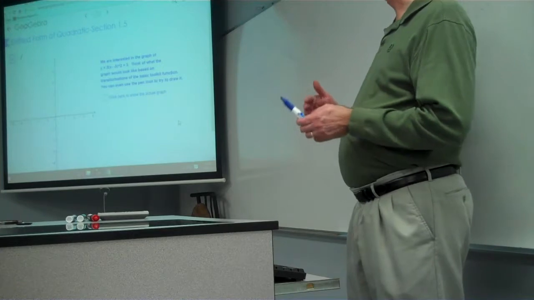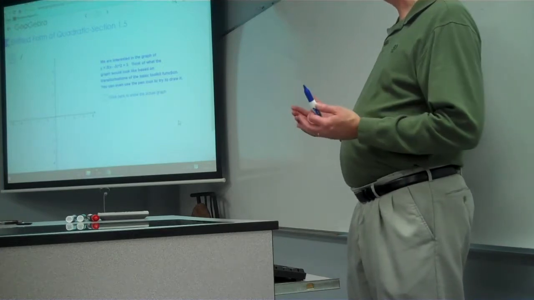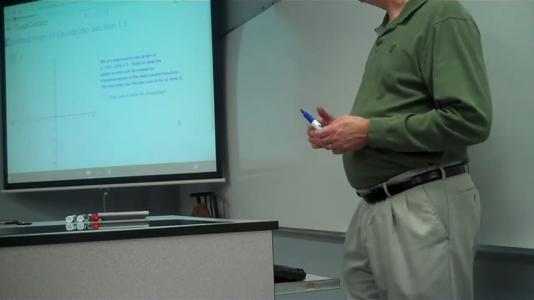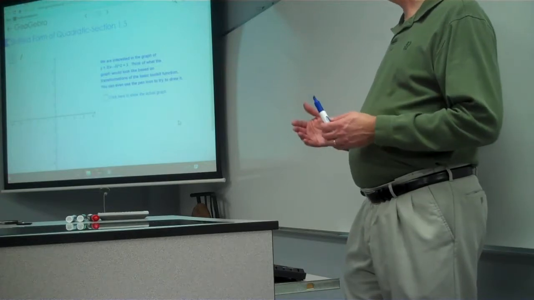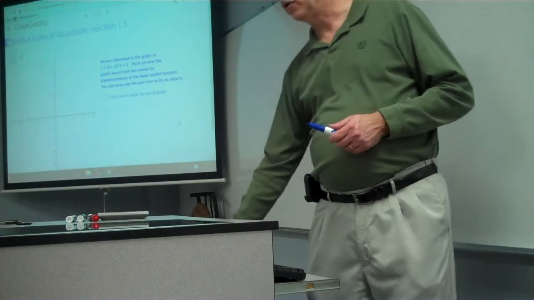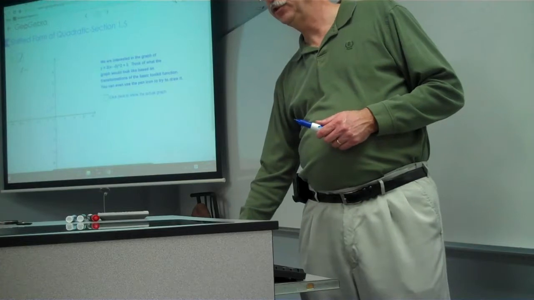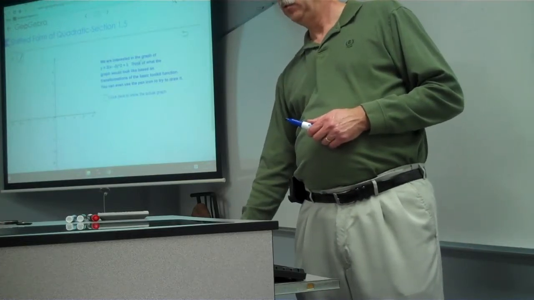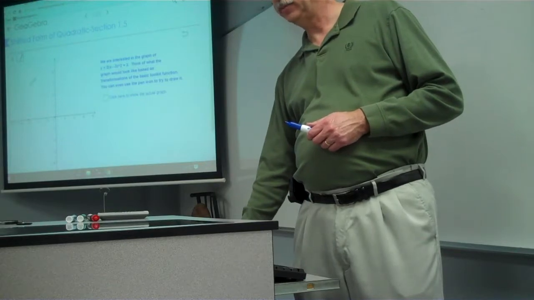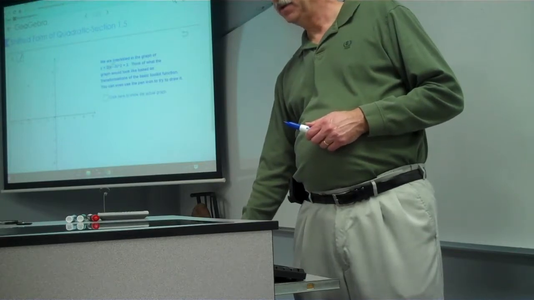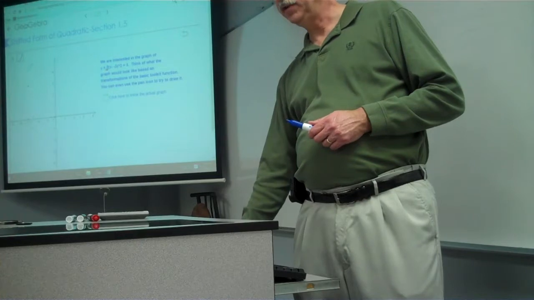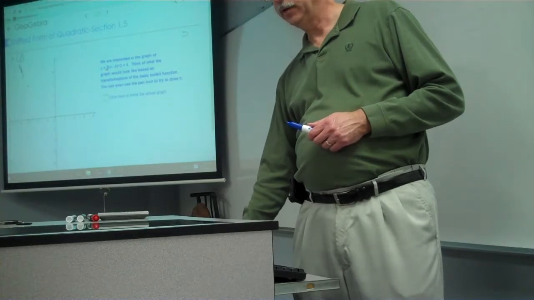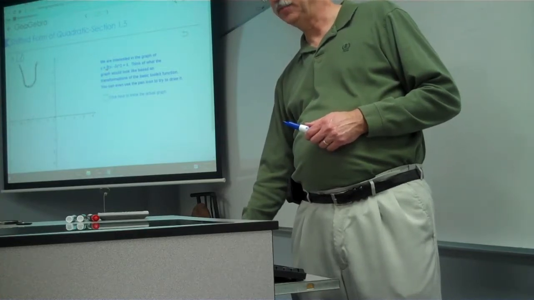So 2 times x minus a negative 3 squared plus 3. The x minus a negative 3, or x plus 3, is going to shift our vertex, instead of being at 0, 0, 3 units to the left. Plus 3 is going to move it up 3 units. And then the times 2 is going to stretch it.